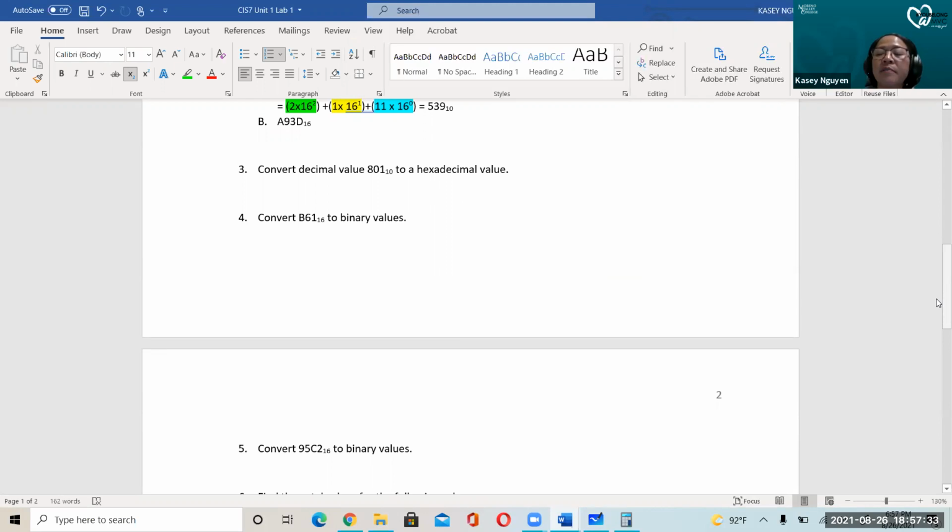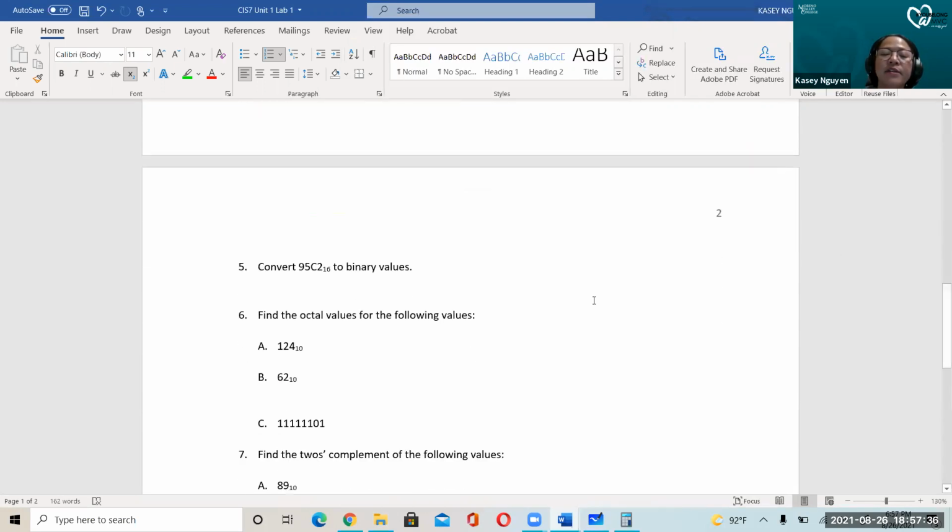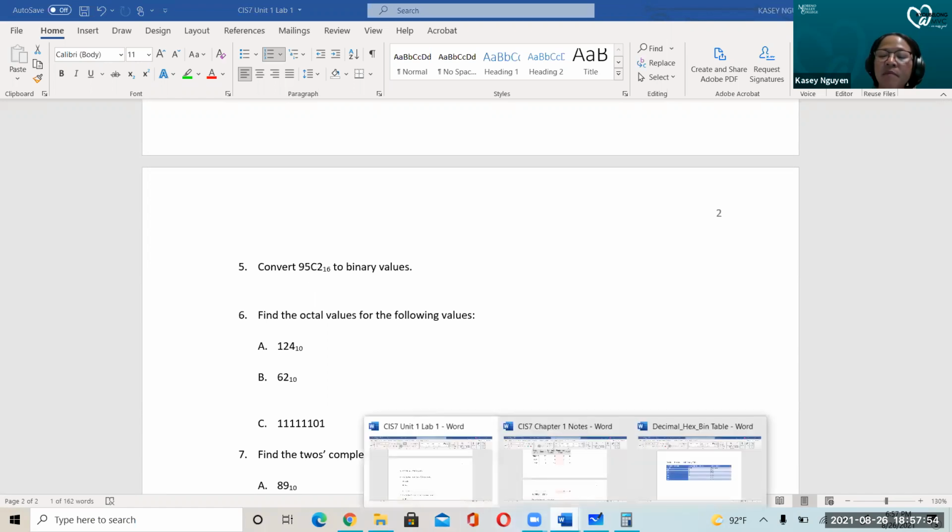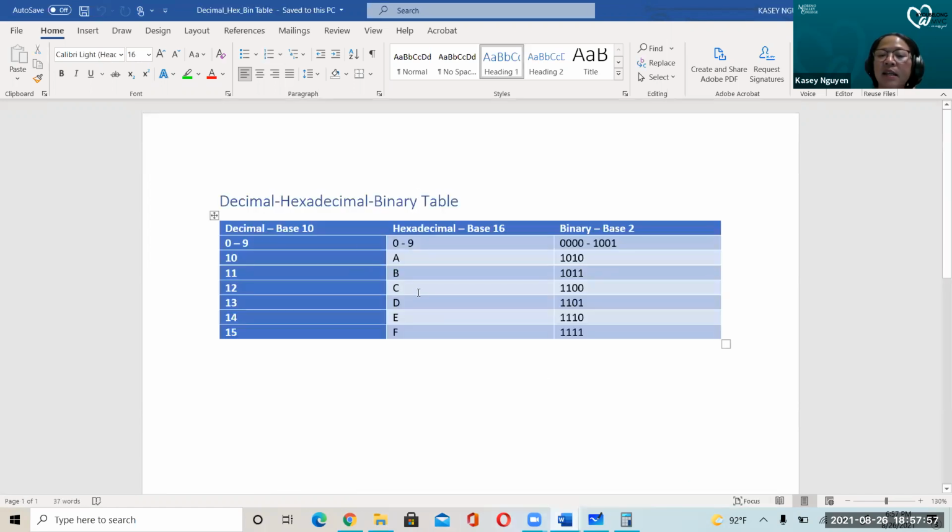So you can do number 5, starting with the 2, make that a 4-bit, then another digit C, another 4-bit, and so on. And for the C, make sure that you remember that a C is 12 in decimal, and which bits add up to be 12? An 8 and a 4, right?